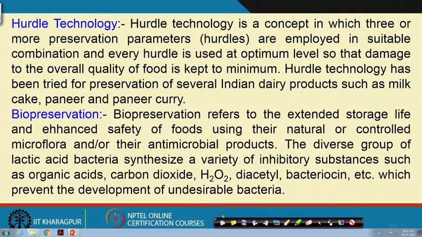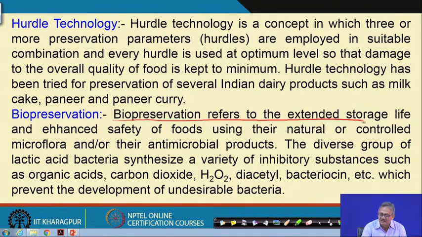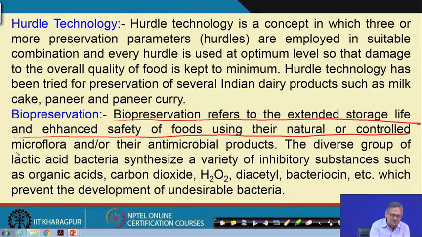Then the last one is biopreservation, which you have already done in many cases. Biopreservation refers to the extended storage life and enhanced safety of foods using their natural or controlled microflora and or their antimicrobial products.